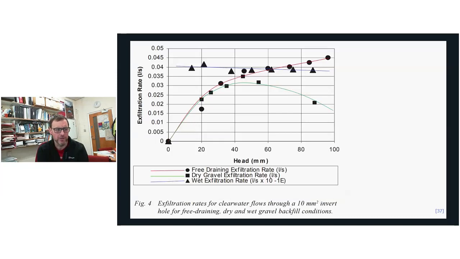And then the triangular plot is wet gravel at the other side of the hole. So you can see that under those three different scenarios, you've got quite different exfiltration rates. None of them are particularly realistic, of course, but it does show you that it's not just the size of the hole in the pipe that's important, it's also the soil around the pipe.